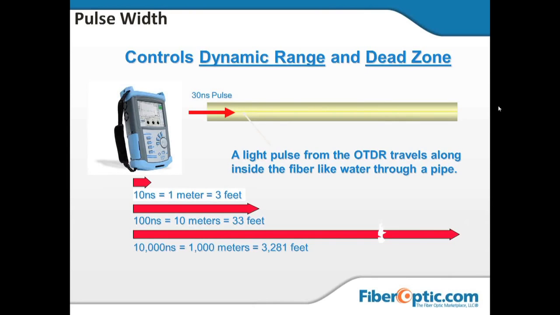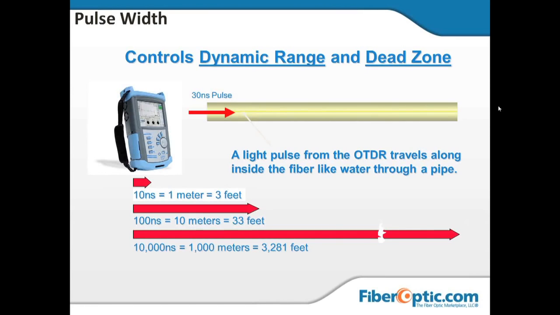When that big pulse of light has got a hard reflection and it's bouncing back, for however long your pulse is, you're blind to any of the backscatter for that distance.